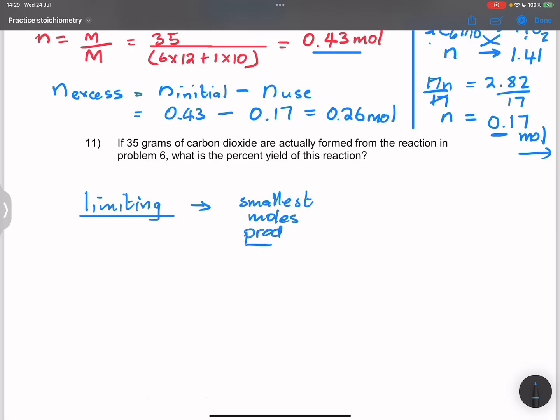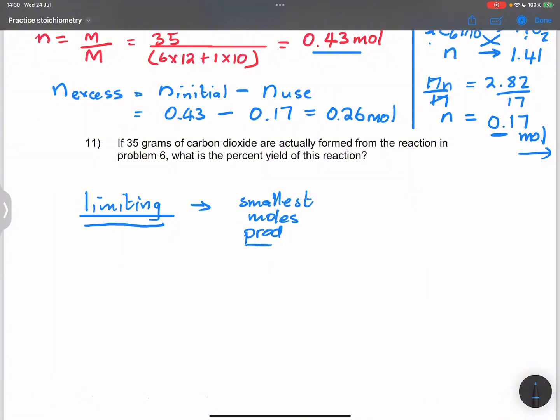And what this simply means, ladies and gents, is that the limiting reagent is the agent that runs out first. It is the one that's going to stop the reaction from continuing, because it has actually run out.